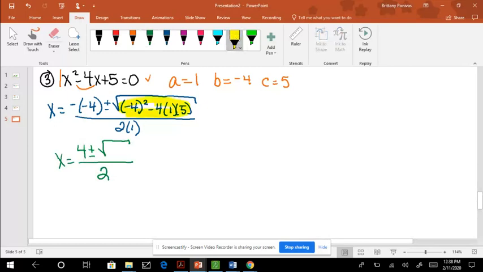So we have to take this expression and work it out. So we're going to do negative 4 squared. At this point, see if you can simplify that expression that goes underneath the radical all by yourself.